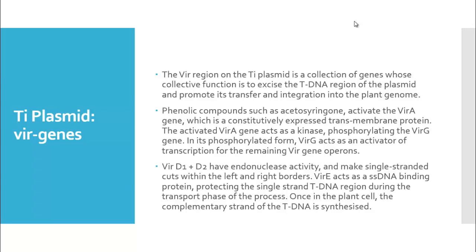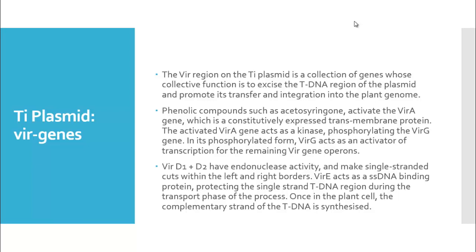VirD1 plus D2 together have endonuclease activity and make single-stranded cuts within the left and right borders. VirE acts as a single-stranded DNA binding protein, protecting the single-stranded T-DNA region during the transport phase of the process. Once inside the plant cell, the complementary strand of the T-DNA is synthesized. So these are the roles of the virulence region of the Ti plasmid.